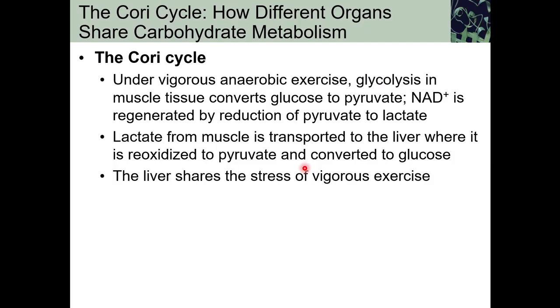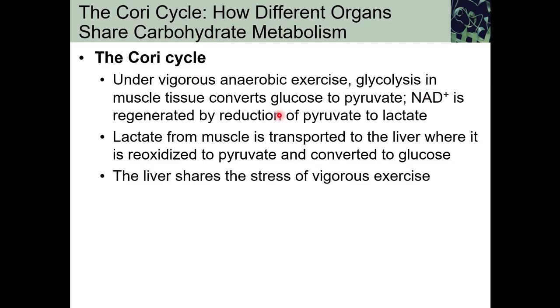So nothing is wasted. The transport of lactate from the muscles to the liver and the eventual conversion of lactate in the liver back into pyruvate is called the Cori cycle, in honor of the discoverers. Under vigorous anaerobic exercise, remember, glycolysis in muscle tissue converts glucose to pyruvate.